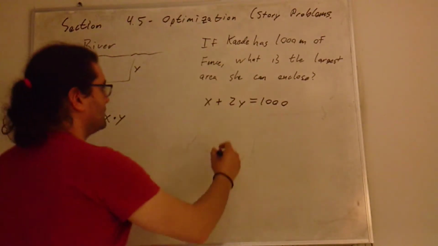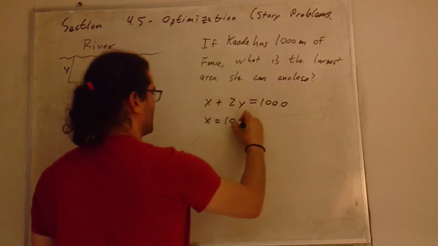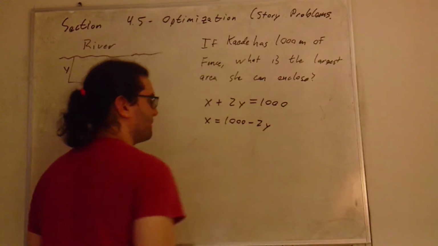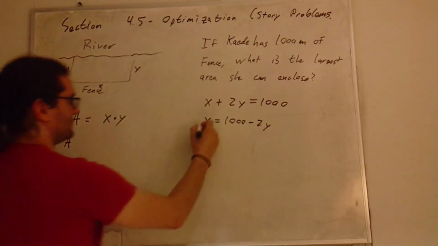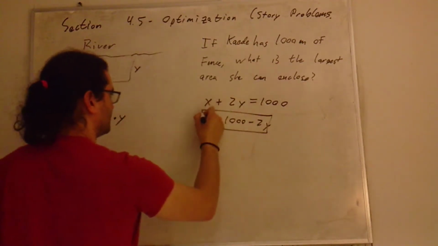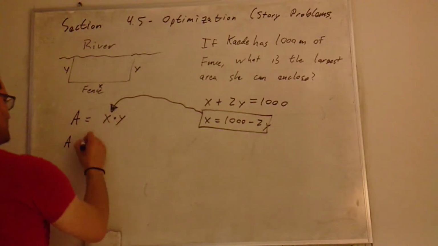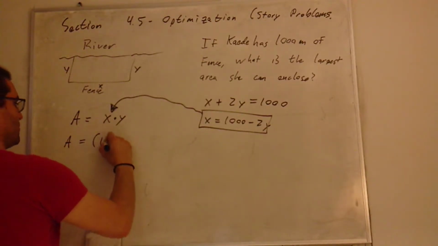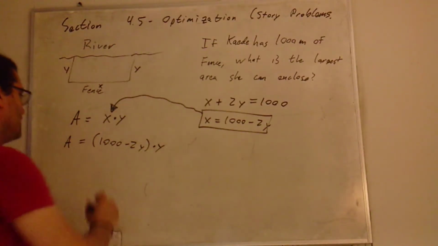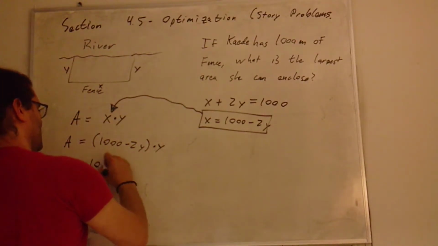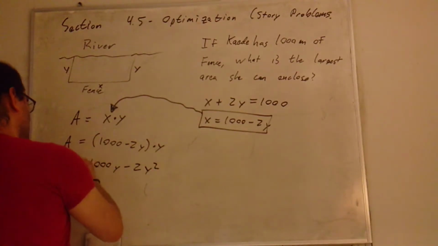Which means x equals 1,000 minus 2y. Which means that this area, we squiggle this over here and plug it in for x, this area can now be expressed as 1,000 minus 2y times y, which can further be simplified into 1,000y minus 2y squared.